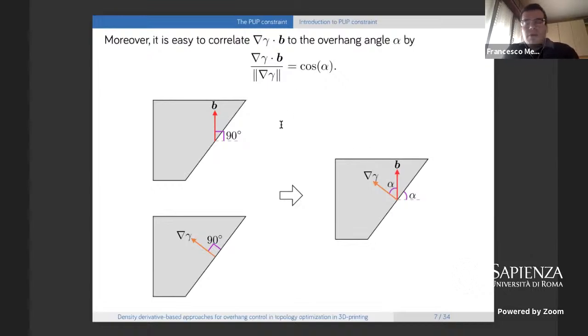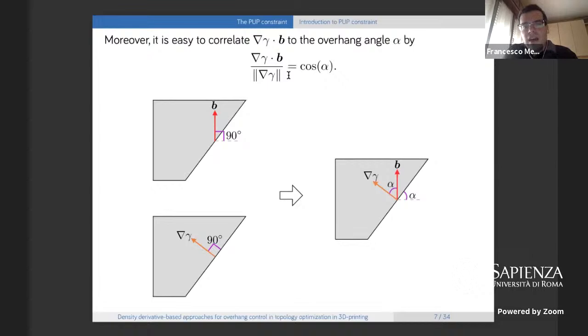However, by simple geometrical considerations, which are summarized in the figure, this alpha between the gradient of gamma and b is the same as the overhang angle. So we can exploit this relationship to formulate a self-support condition.